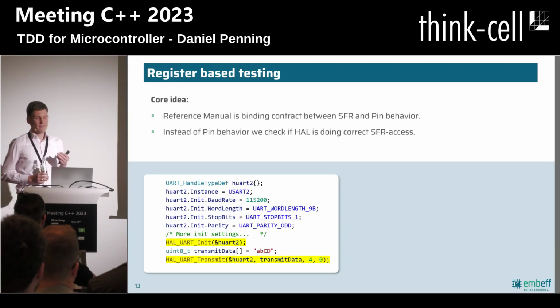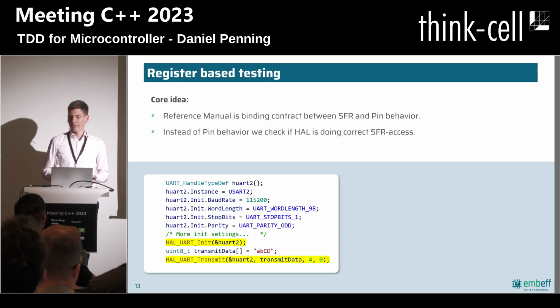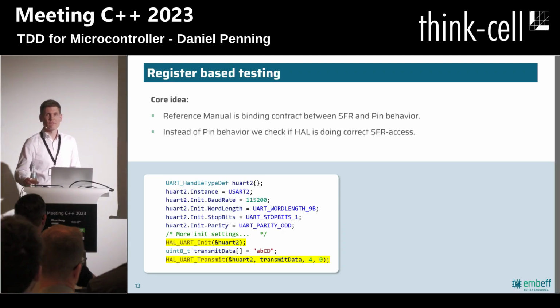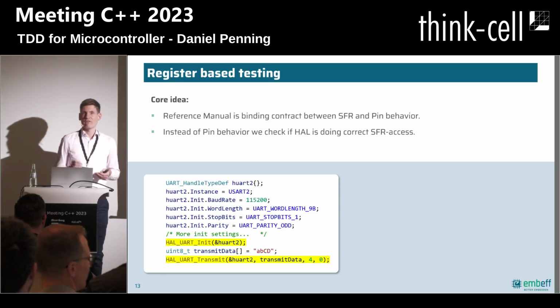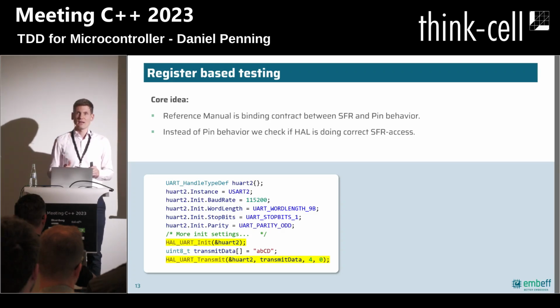The idea is that we don't need to look at the pins. The core idea is, hey, we have a specification. We have our reference manual. For all of you who don't know, this is a very long PDF, like a few thousand pages, filled with detailed information. On each page, there's potentially important information.